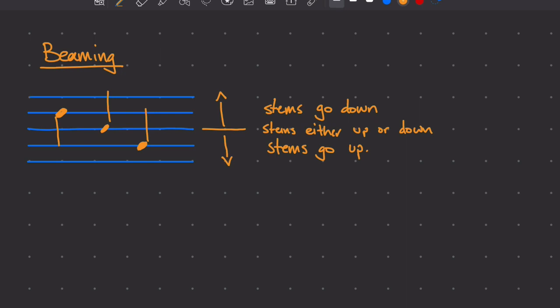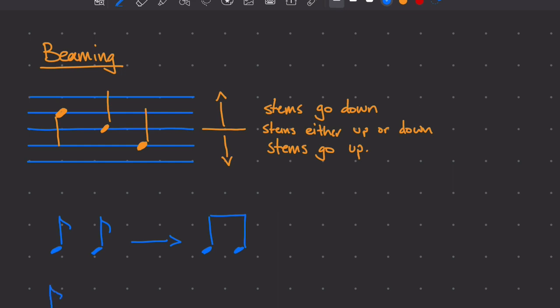Now, for beaming, remember if we have our, say, 8th notes, when we have a single 8th note, it is just with a flag, but we would combine these 2 notes together to make 2 beamed 8th notes. So whenever those two 8th notes are together, we group them together.